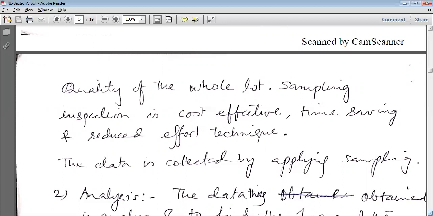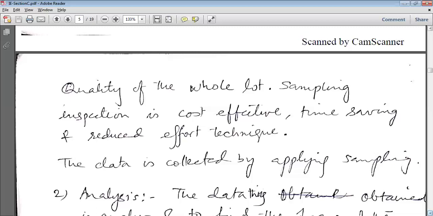If we take 100%, no part will survive. For example, in automobiles we apply several destructive techniques in order to check the automobile. If we destroy all the parts, what would we sell? So out of 10,000, we take one and destroy it. This is absolutely necessary for products where we apply destructive testing.